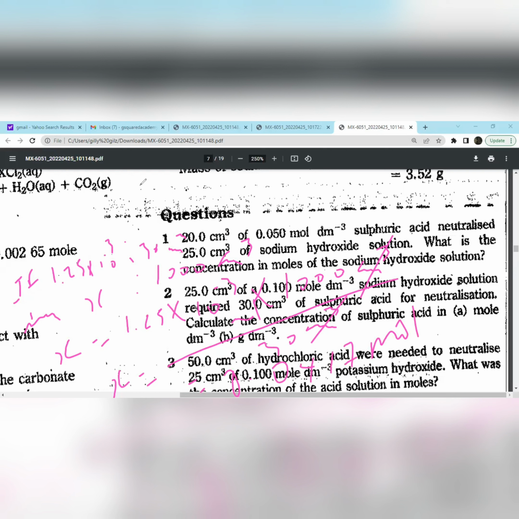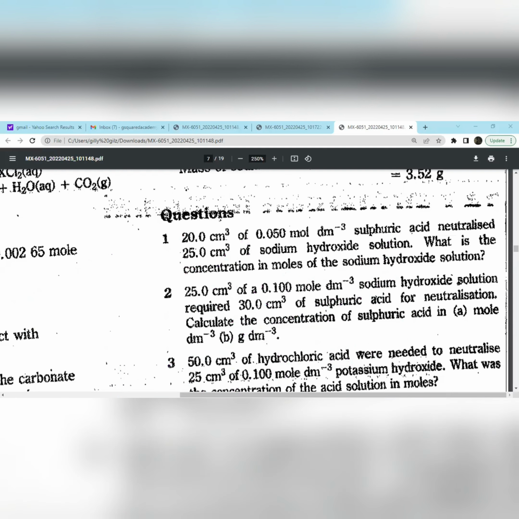All right, so now the next step would be to find the grams per dm cube. Okay, so how do we do that now? There's a nice little equation which says that mass concentration is equal to molarity times molar mass.